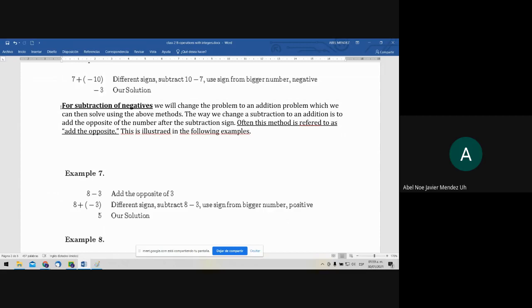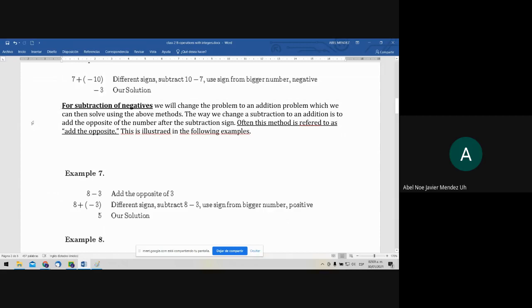We will change, you can repeat after me. For subtraction of negatives, we will change the problem to an addition problem, which we can then solve using the above methods. Okay, we need to change the problem. The way we change a subtraction to an addition is to add the opposite.